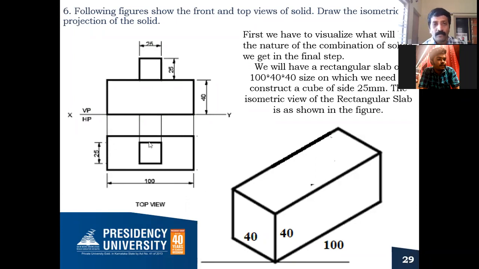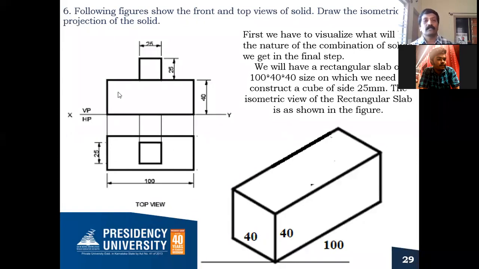From the center, you draw the vertical projector and the horizontal projector passing through the center on either side. Now it is 25. Twenty-five means from the center how much is it? 12.5. You take 12.5 from the center on all four sides, and then passing through those points you draw horizontal and vertical lines. Inside you are going to get a square.